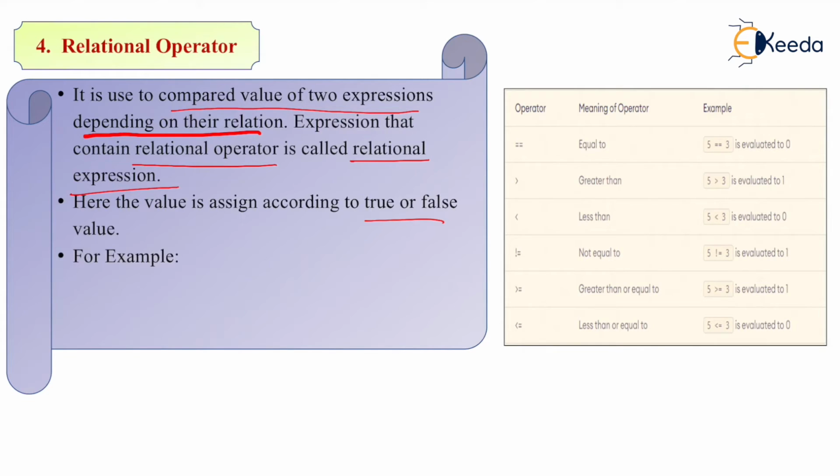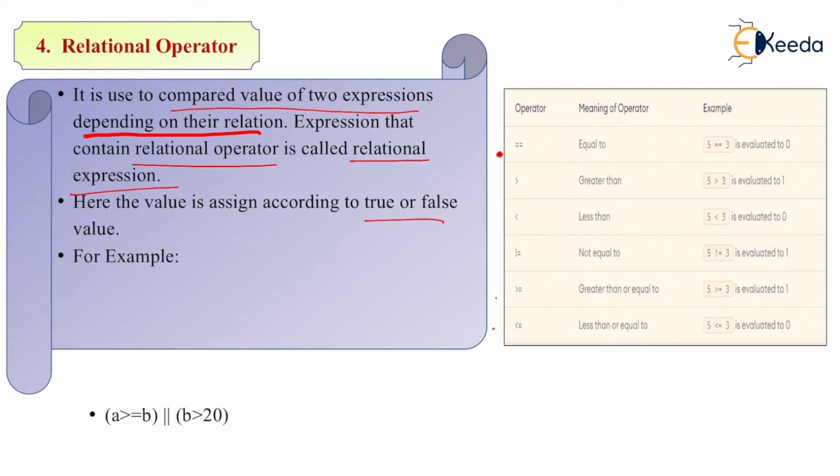So the equal to sign is used to represent the equality between the two operands or the two expressions. The greater than sign is used to check the greater than relationship between the two expressions. Less than, not equal to, greater than or equal to, and less than or equal to. These operators are all used to represent the value either as true or false.